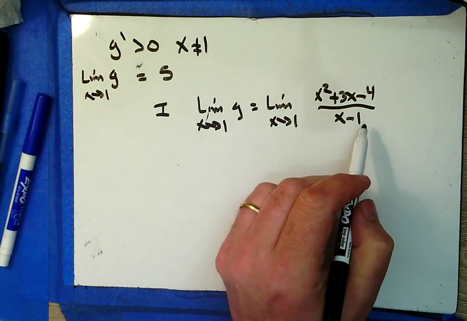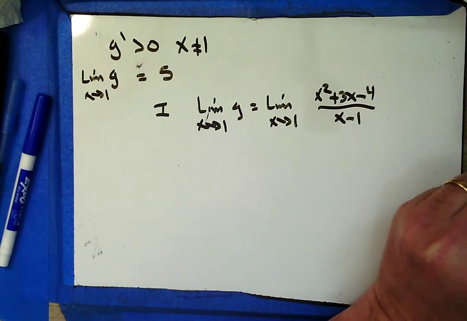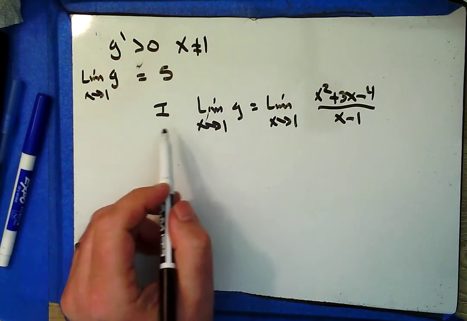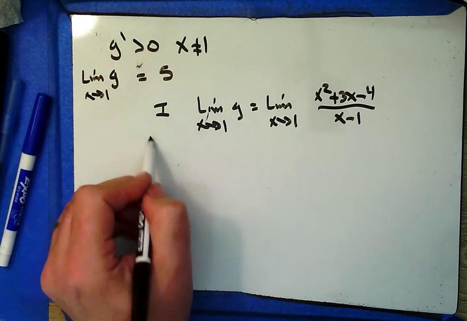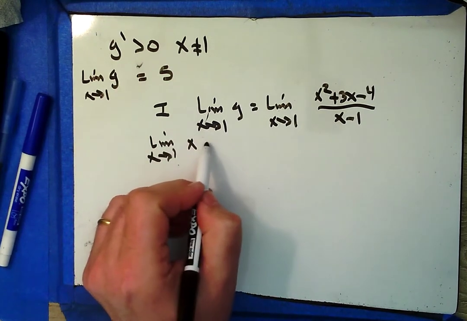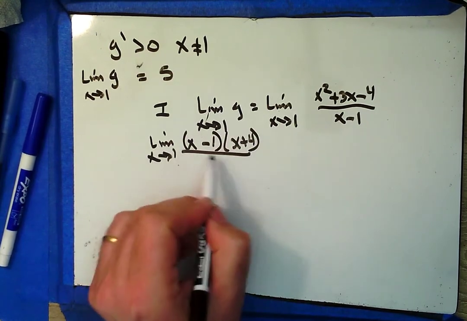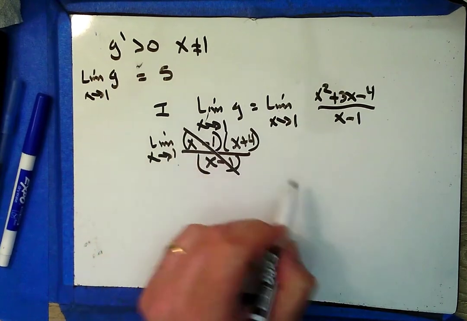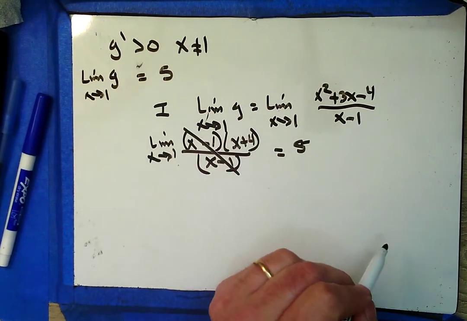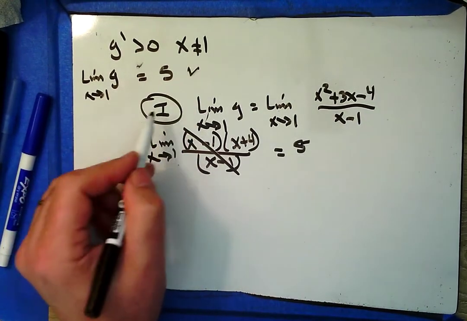I don't need to worry about that. So let's go back and consider factoring this numerator, the limit as x approaches 1 of x minus 1 times x plus 4 over x minus 1. So I plug in a 1 and I get 5. So I get that the limit is 5 and that's what I'm supposed to get, so I like 1.